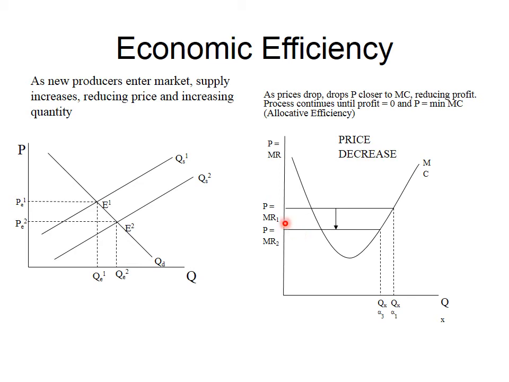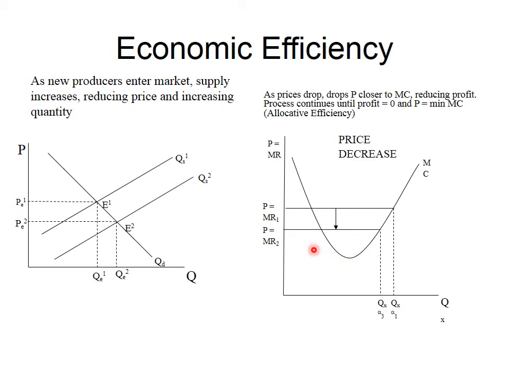Okay, so let's follow out this process again so that we understand it. We start out here. Because we have this profit, more firms enter the industry, and it slides the supply curve outward to the right. That drops the price. When it drops the price, it reduces our profit maximizing production level. We still have some profit.